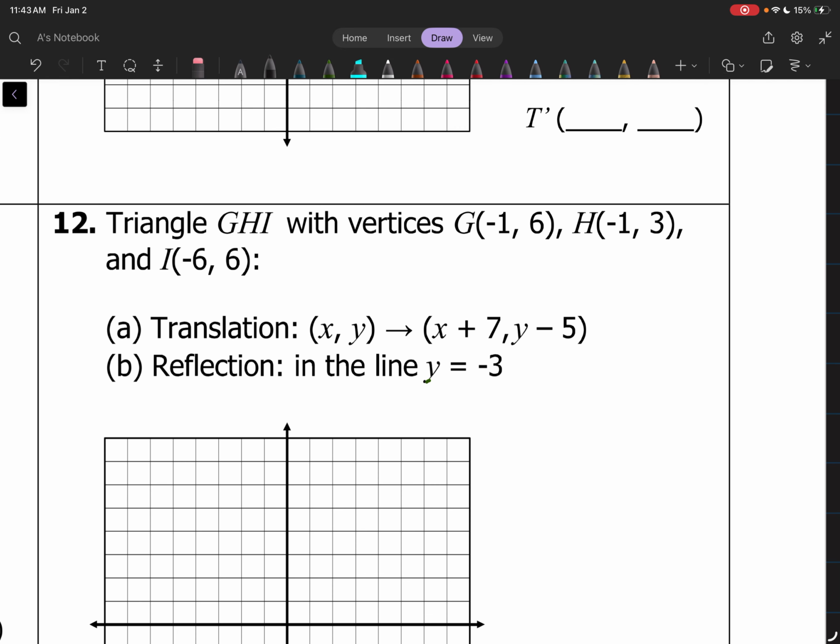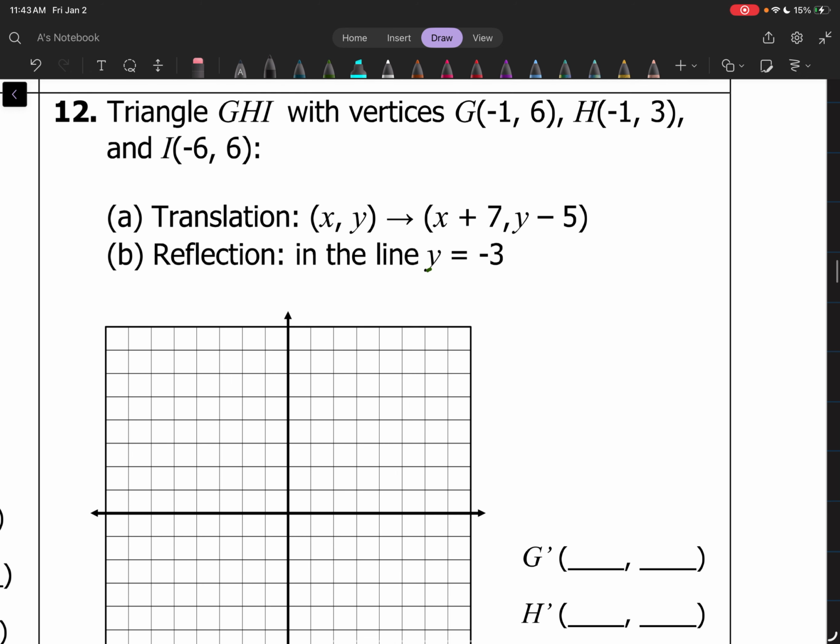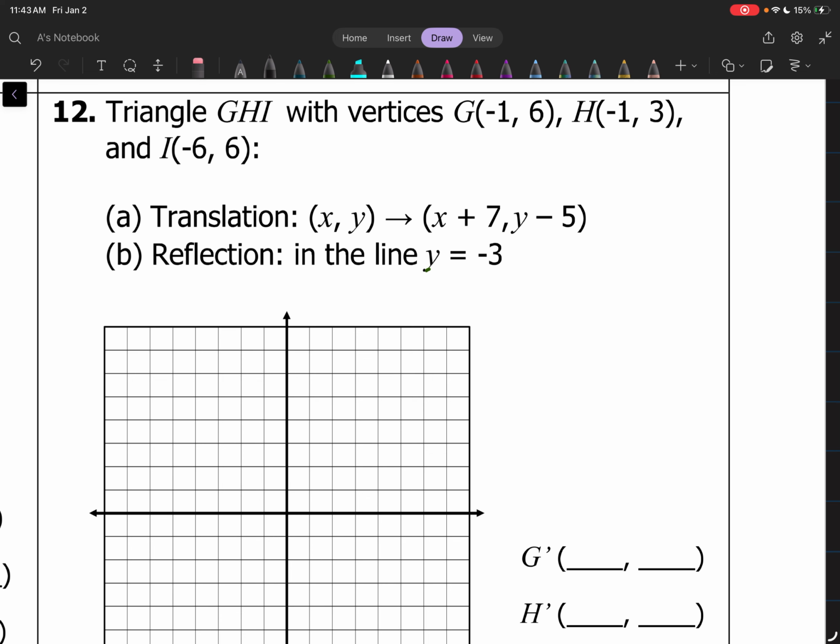Triangle GHI with vertices G (-1, 6), H (-1, 3), I (-6, 6). Let's plot these coordinates. -1, 6. That is my pre-image G. I have H of -1, 3.